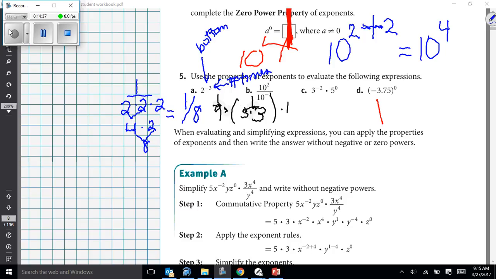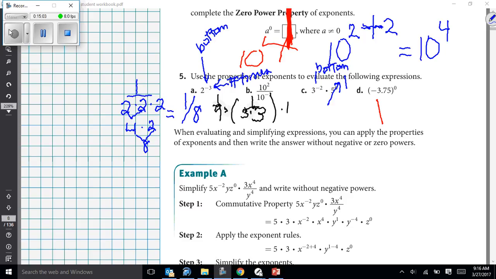All right, and then we have the next one. We have 3 to the negative 2 times 5 to the 0. 5 to the 0, what should we automatically think? 1. So 5 to the 0 is 1. So then we have 3 to the negative 2. What does the negative tell us? Bottom. And what does the 2 tell us?